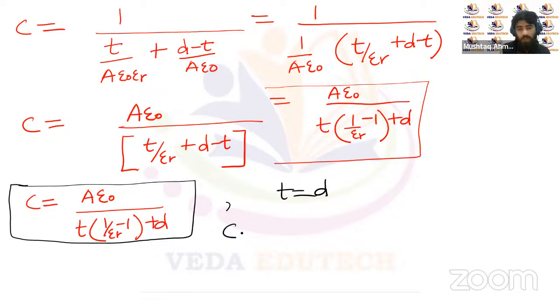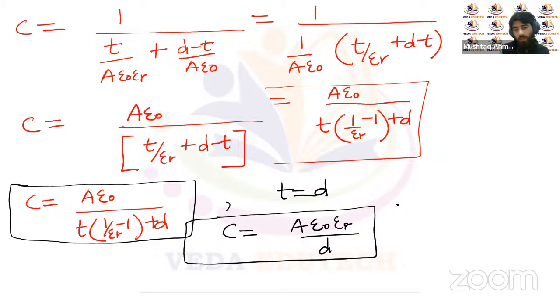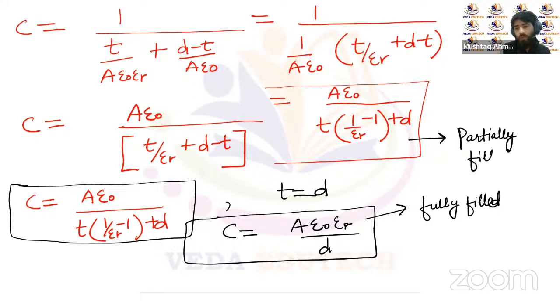The capacitance at that time will be A epsilon naught epsilon r upon D. So this is the capacitance of the fully filled capacitor, and the earlier expression is for the partially filled capacitor.